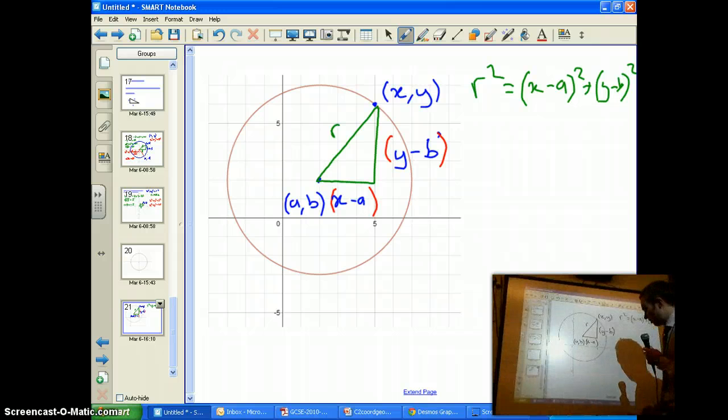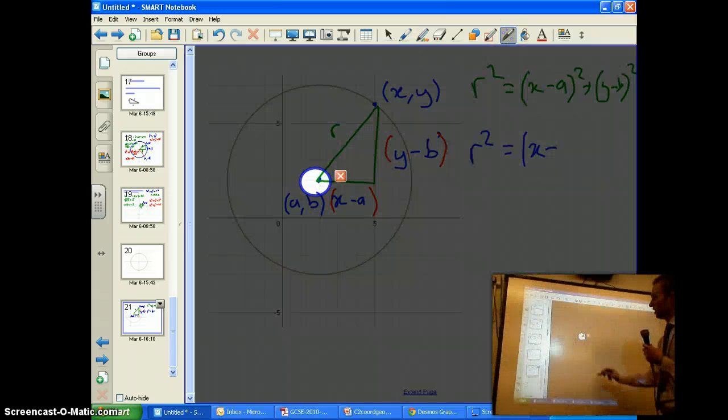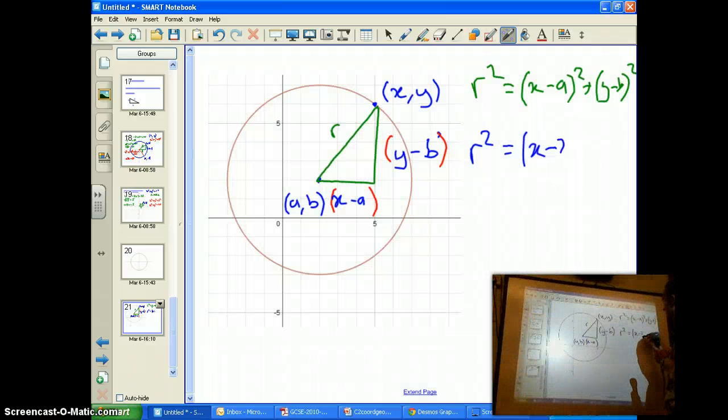In this case, our a value here is 2, so looking at this, the centre is 2 and 2, so we've got x minus 2 squared plus y minus 2 squared.